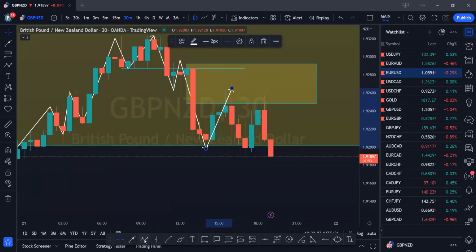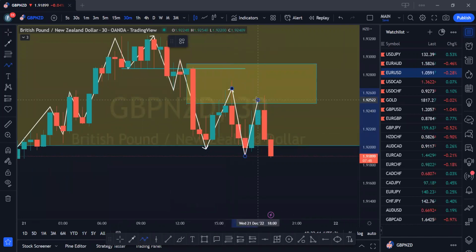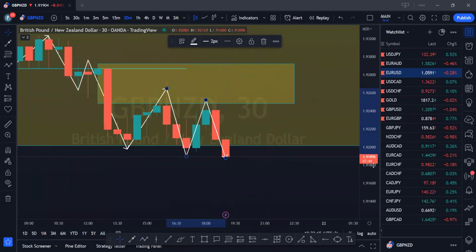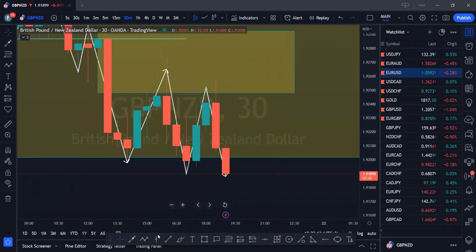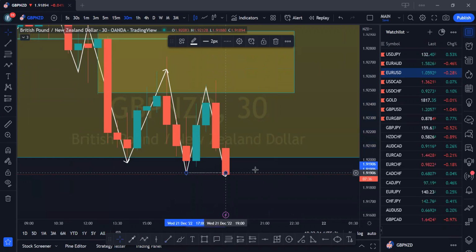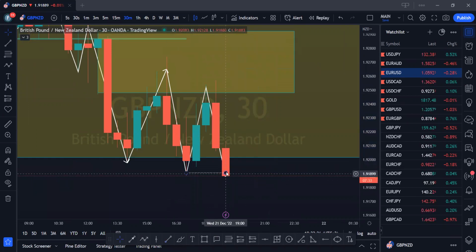So right now, this is what price is doing. Price is currently reacting to supply. So we have another break of structure here. Let's mark that up here. This is the break that's currently happening. So when we say the break proper of this zone, let me delete this.